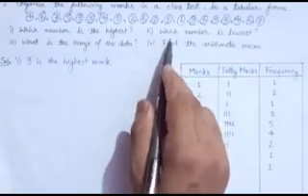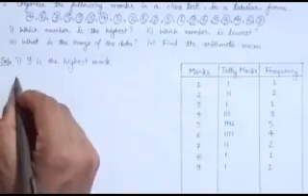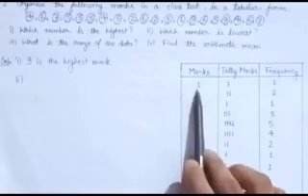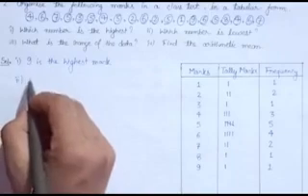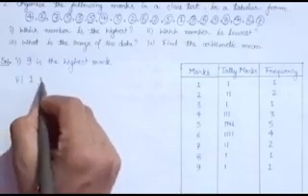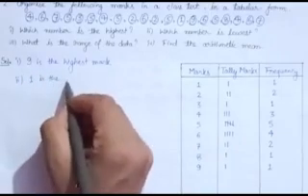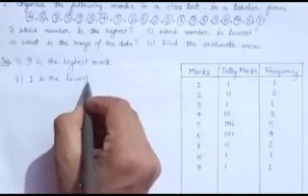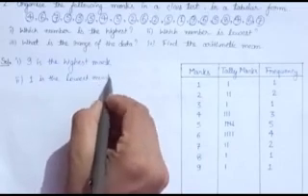Now second we have to find which number is lowest. Again from this data you can see that 1 is the lowest number. So we can write it as 1 is the lowest mark.